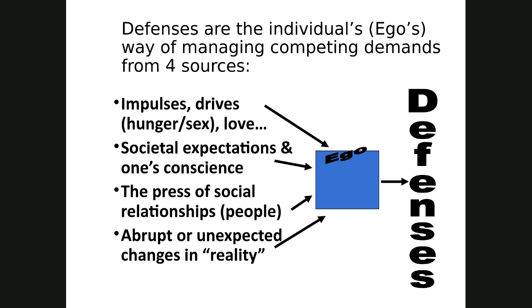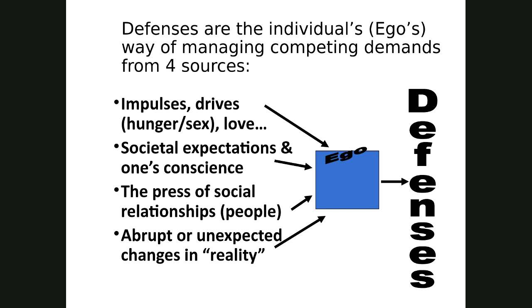He describes not just the id, ego, and superego, which was the original model, three organizations of the mind, not just those three in conflict, but he suggests that there are other sources, four primary sources of conflict that lead to defenses.